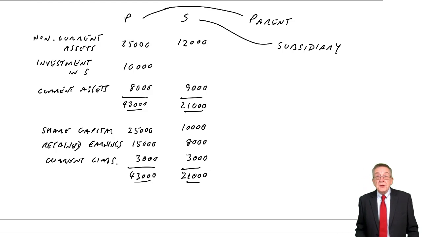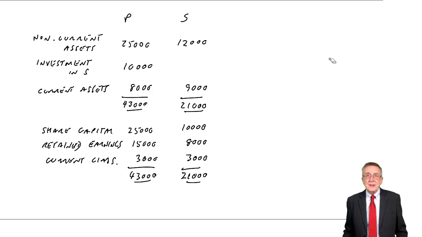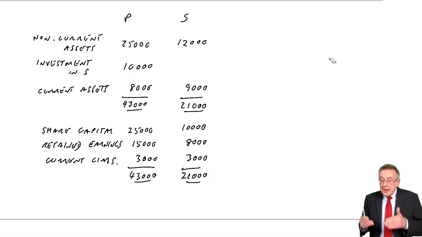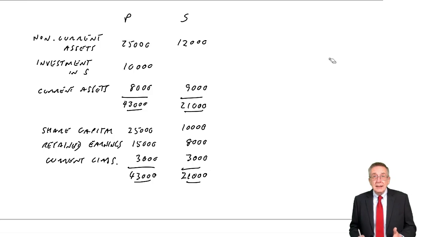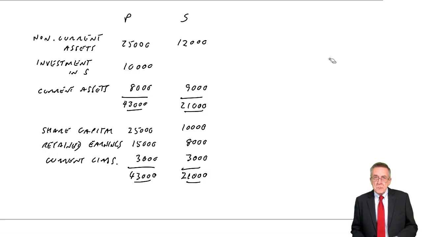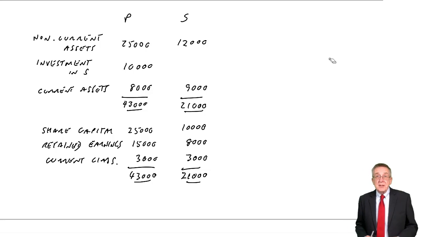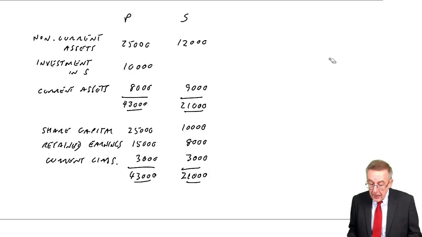Again, we have those two separate companies, two separate statements of financial position. But because P, in this case, owns all of S, effectively the shareholders in P own everything in both companies. And so, as I say, we are required to produce an extra statement of financial position showing it as though it was just one big company.